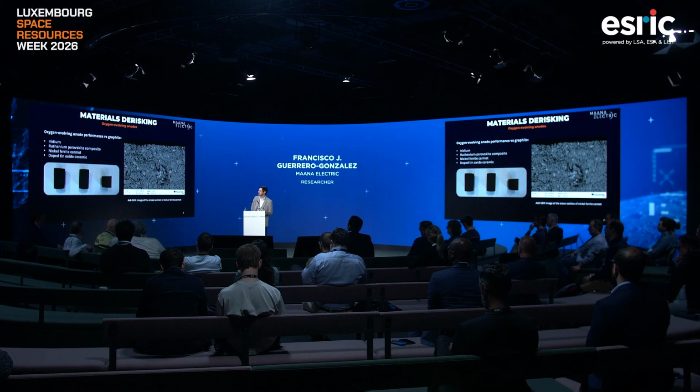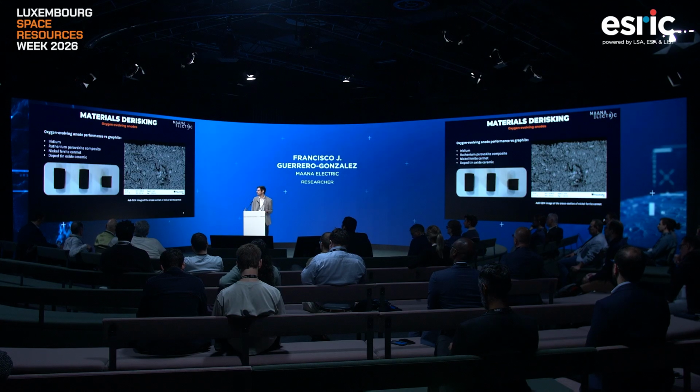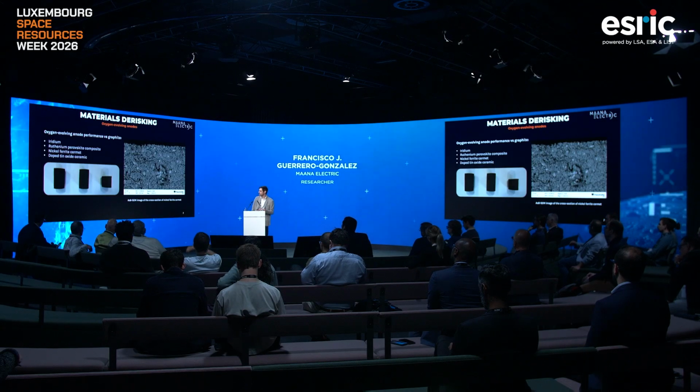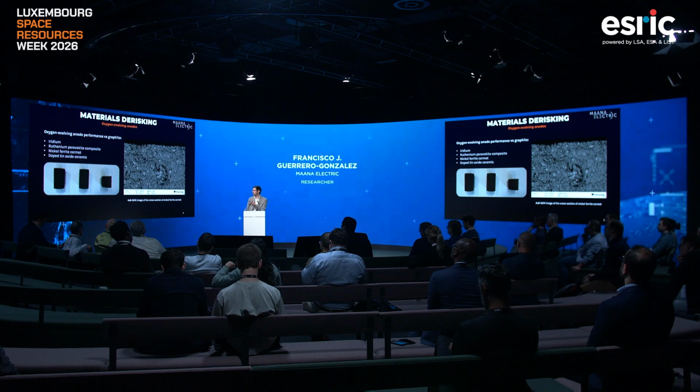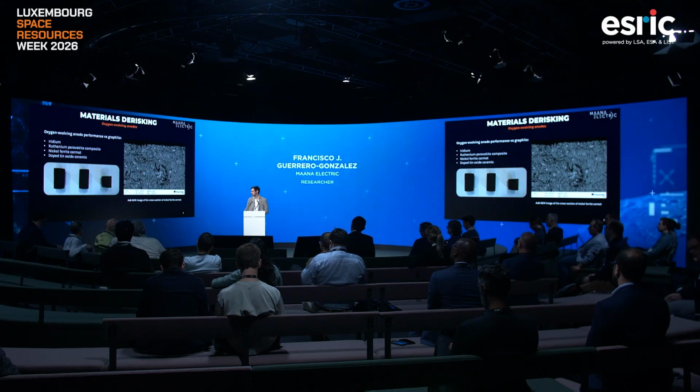Although calcium titanate is not electrically conductive, it helps a lot when you are sintering the material and keeping it cohesive. The smaller one is nickel ferrite cermet. So basically, we are taking nickel ferrite and mixing it with metallic powders. And with this, we are able to also enhance the electrical conductivity. So all these materials are now in the lab being tested, and we will have results in the coming weeks, basically.